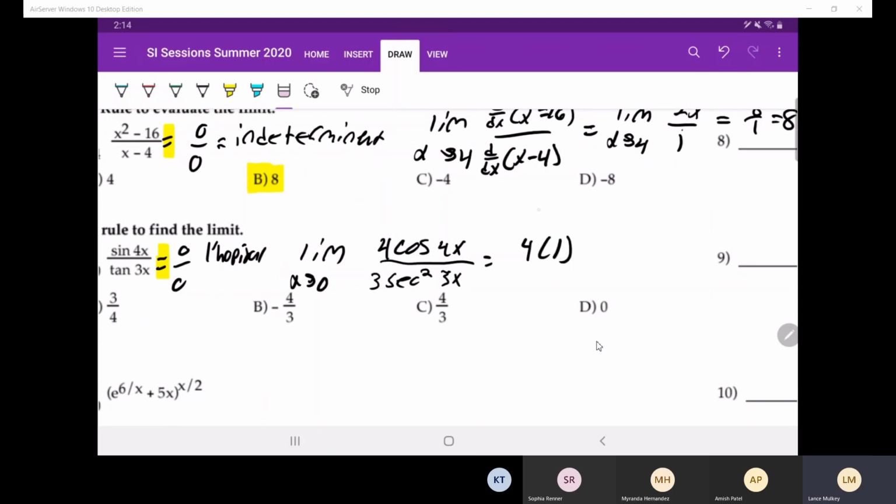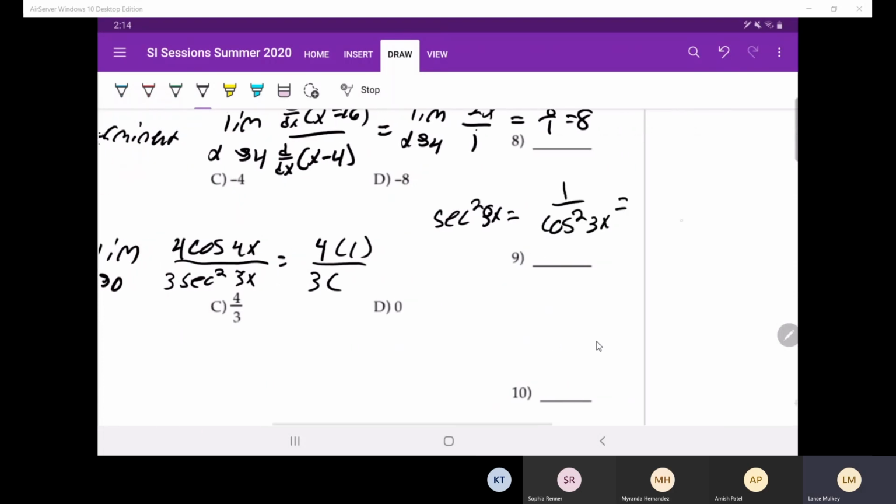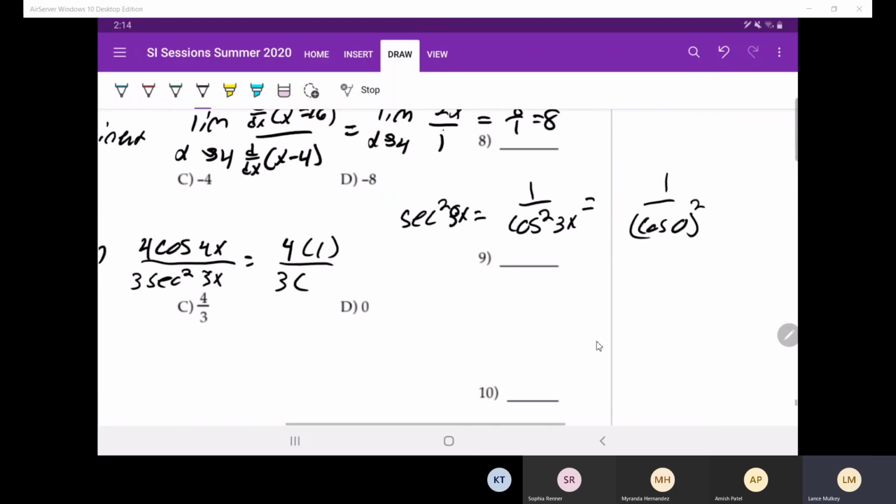Yeah, 4 times 1 over 3 times secant squared of 3x, which equals 1 over cosine squared of 3x. So it equals 1 over cosine of 0 squared, which equals 1, because secant is 1 over cosine.